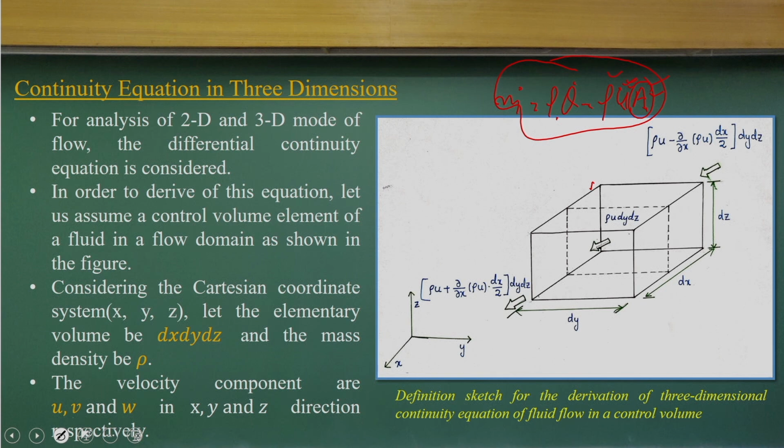See, this is the control volume, which has the dimensions dx, dy and dz. It is a small control volume, and we are considering u as a continuous function, and the velocity vector has the scalar components small u, small v and w in the directions i, j and k, that is x, y and z directions.